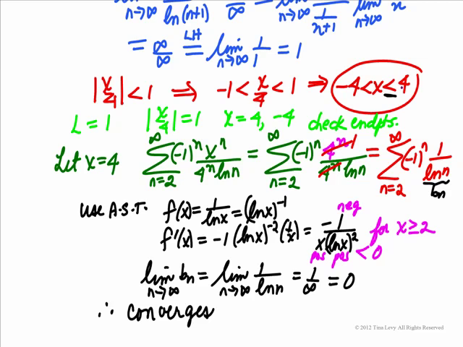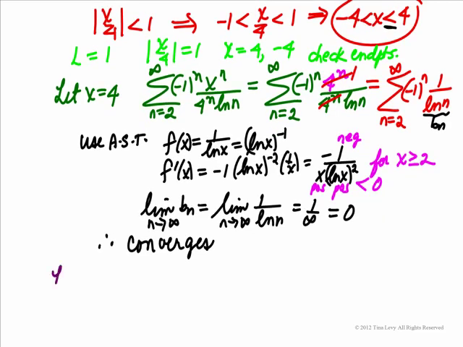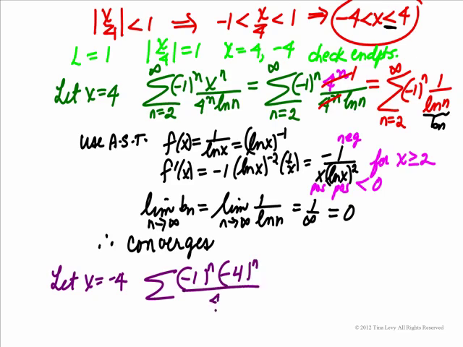Now I'm going to let x equal negative 4, and I get the series (-1)^n (-4)^n over 4^n log n. But I can write this as the series (-1)^n.